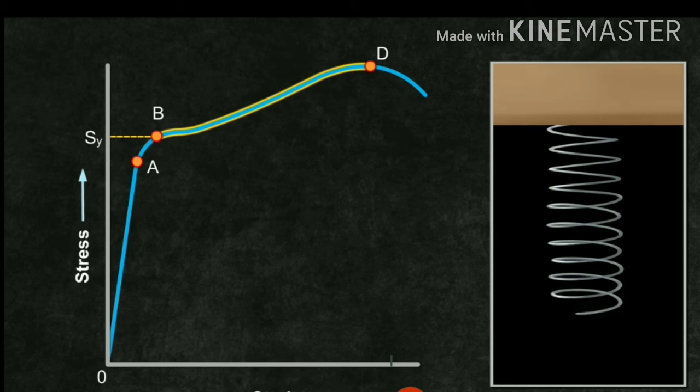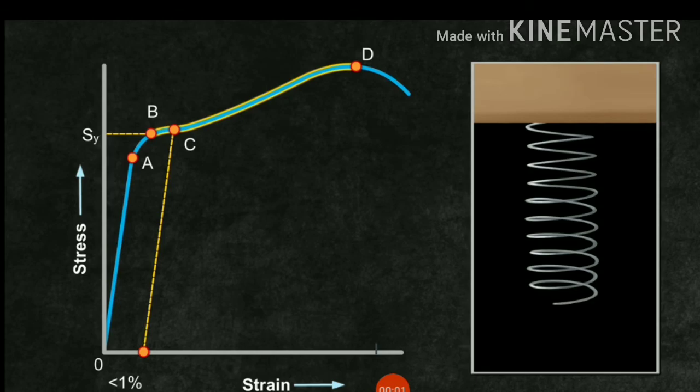When the load is removed, say at some point C between B and D, the body does not regain its original dimension. In this case, even when the stress is 0, the strain is not 0. The material is said to have a permanent set.